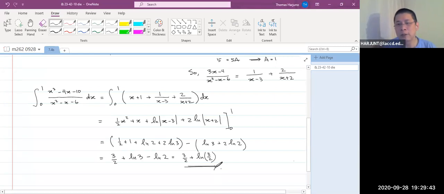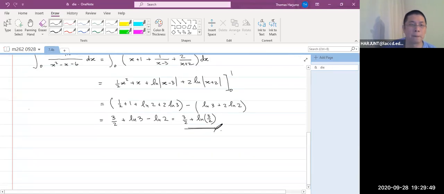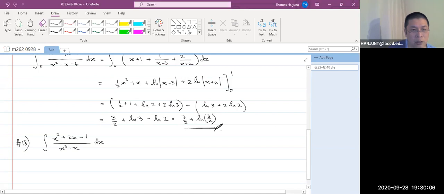Let's try number 18. Yeah, today I plan to just do a lot of problems from this section here. Number 18: integral of x squared plus 2x minus 1 over x cubed minus x dx.